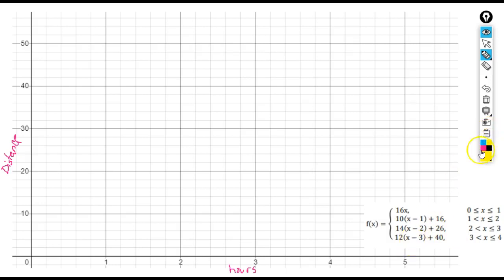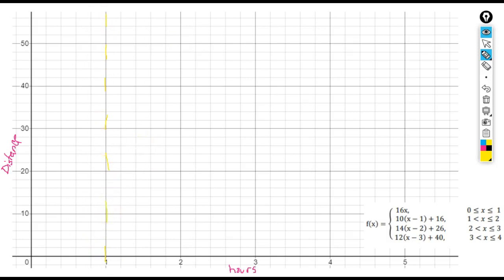I'm a visual person, and so I need to give myself some kind of visual cue to know where my pieces are. So my first interval is just from 0 to 1. I'm going to give myself a little highlighter dash line here, so I'll know that that's one interval.